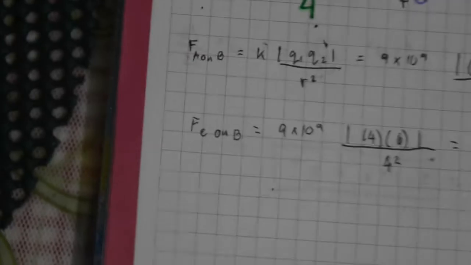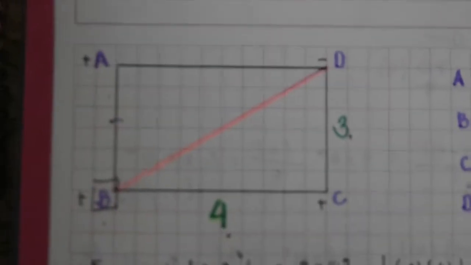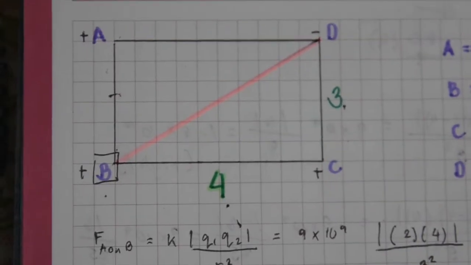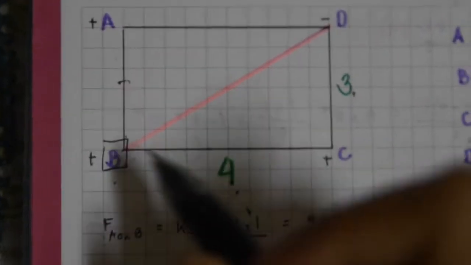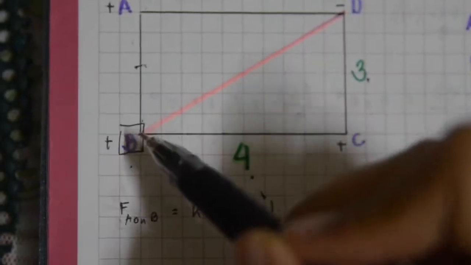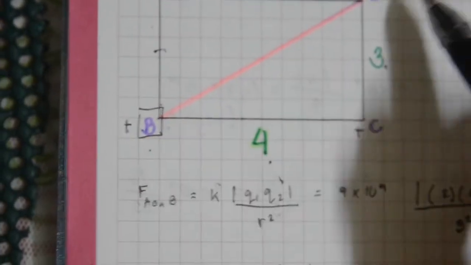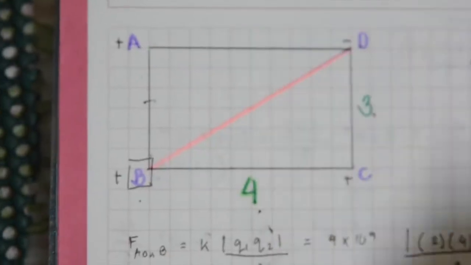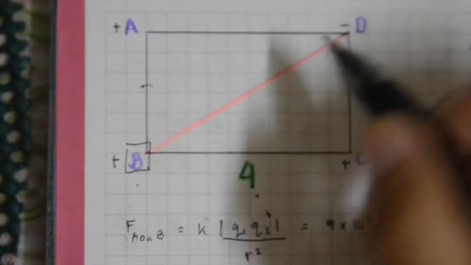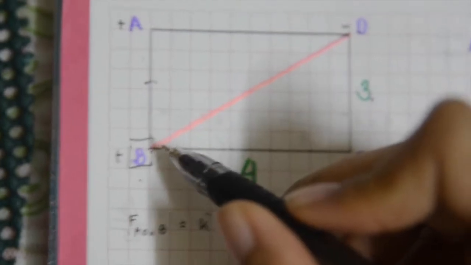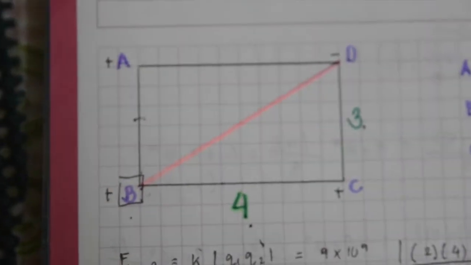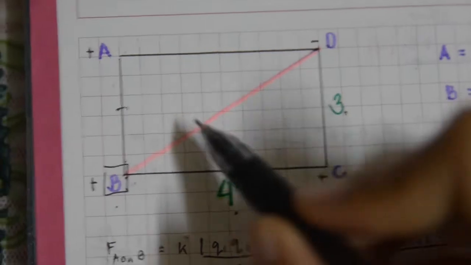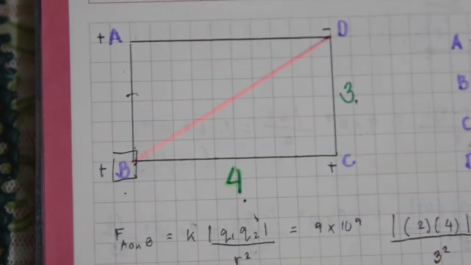Now we will be focusing on the forces exerted by D on B. As you can notice, unlike A and C wherein there's a direct path, B and D are not exactly beside each other, so there's no direct path from B to D. That's why we will be using the diagonal of the rectangle, which is represented by this pink line.